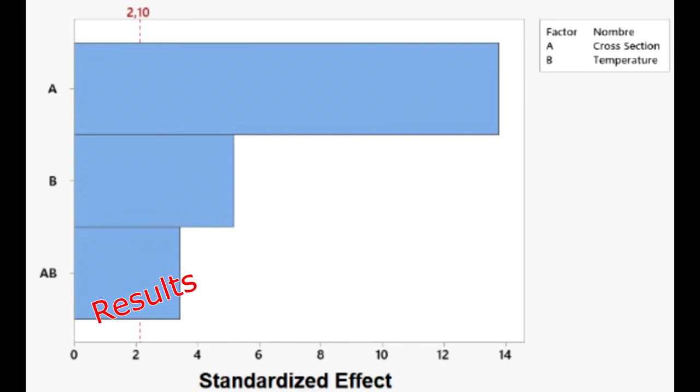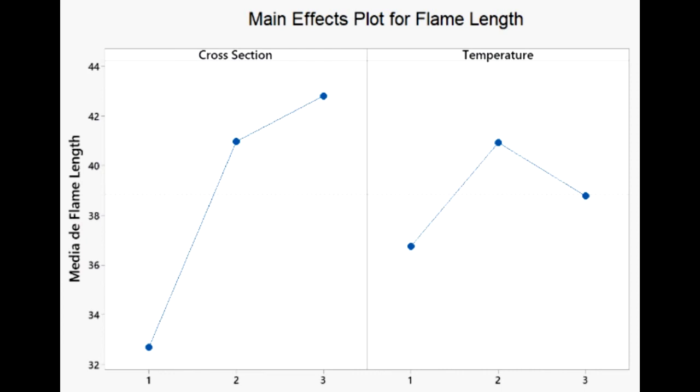The Pareto chart indicates that 2 factors, cross-sectional area and temperature, are influencing factors. Even the interaction is also influencing the length of the flame. The main effects plots determine that the smaller the circular cross-section of the candle, the smaller the flame size. However, it has been found that during the measurement of a medium temperature, the flame is more likely to reach its maximum length.